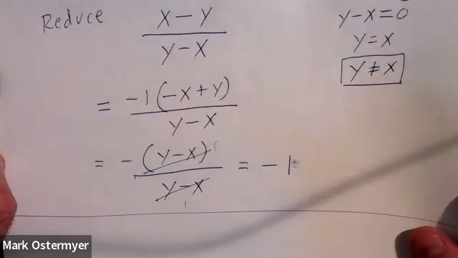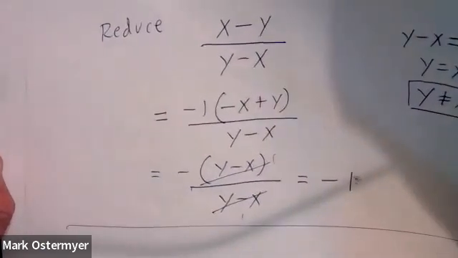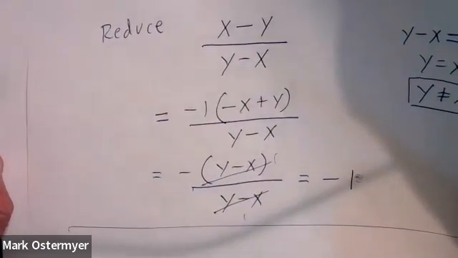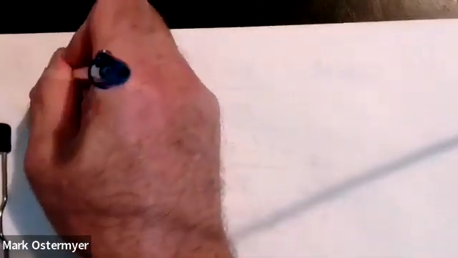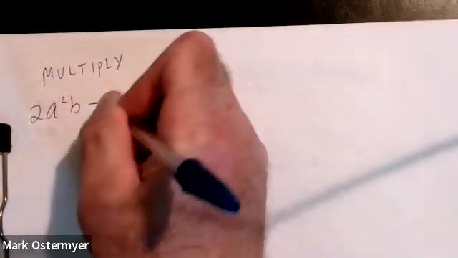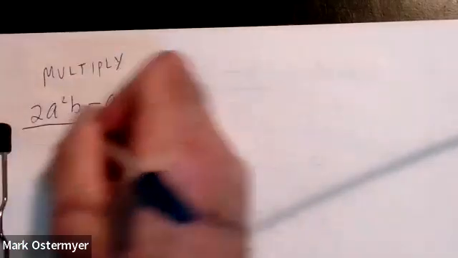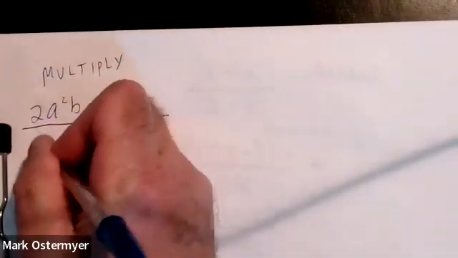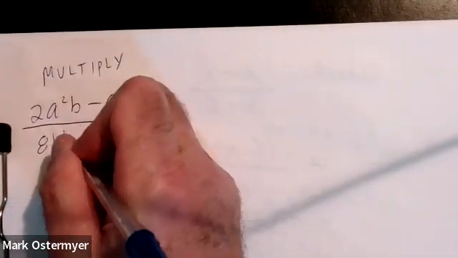Okay, another thing now is multiplying and dividing rational expressions. All right, so we're going to take 2a squared b minus ab squared, over 8b squared plus ab.